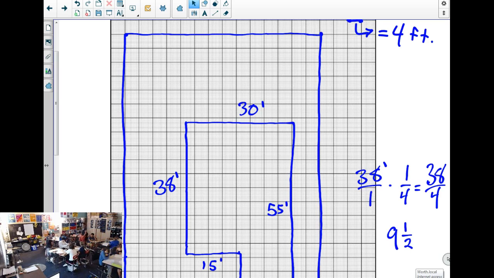I think maybe I should have had you guys start with a new sheet of graph paper for this and all of us would be the same size.